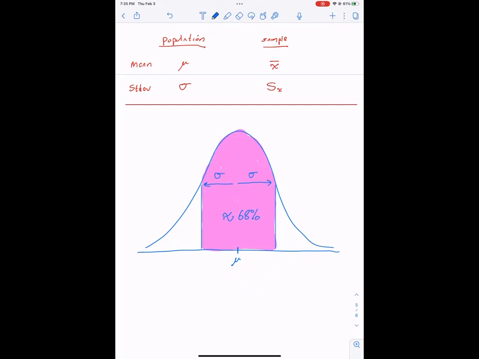If you want a slightly better value than approximately 68%, this is what my calculator gives me, and I'll show you later how to do this, but for now, it's a little bit more than 68% of the data between one deviation and two deviations.